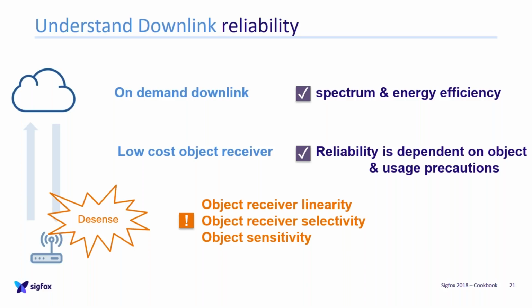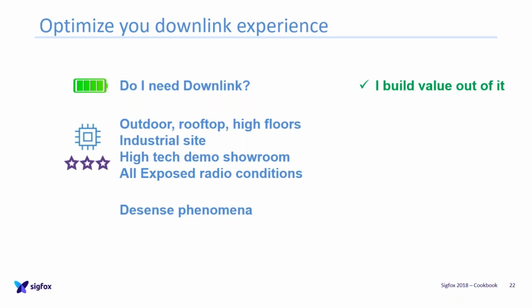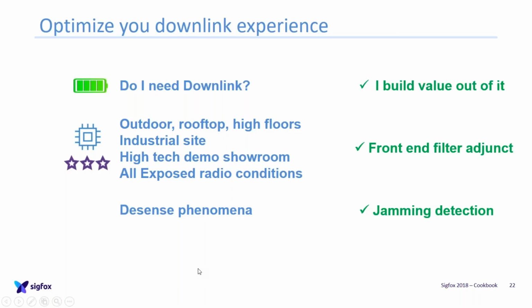So if your device, in other words, goes into that kind of condition, then you have to think about building a filter front-end adjunct, so building a filter with a small low noise amplifier to increase the selectivity of your device and protect the device against its radio environment. But this is not mandatory. The large majority of devices are supposed to be in buildings, etc., and they are not exposed to hard radio conditions.